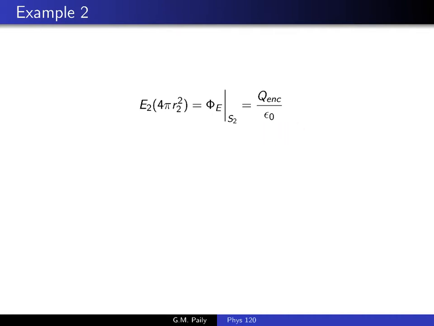In this case, our Gaussian surface encloses all the charge on the spherical shell. So the charge enclosed is Q. And the right-hand side becomes Q over epsilon naught. Setting this equal to E2 times 4 pi R2 squared and solving for E2, we get E2 is equal to Q over 4 pi R2 squared times epsilon naught.